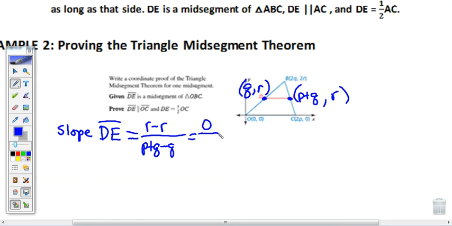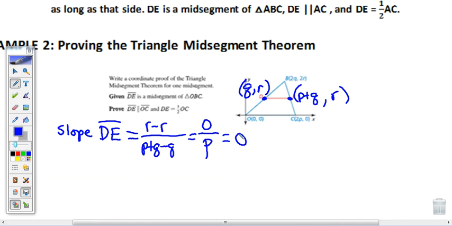Kids, in the denominator, I have p plus q minus q. 0 over p would equal what for a slope, kids? Zero divided by p. 0! Yep. So the slope from D to E is what? 0. And that kind of makes sense because we thought that line was horizontal anyway to begin with, didn't we?